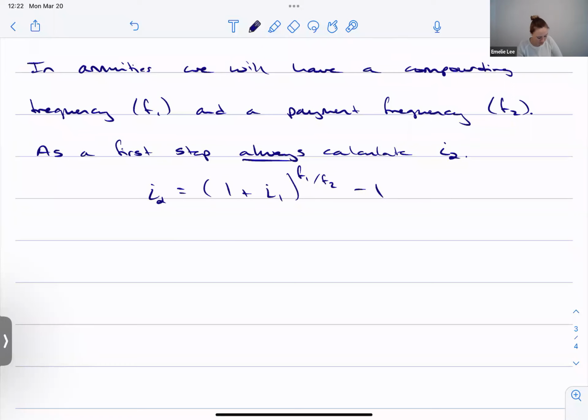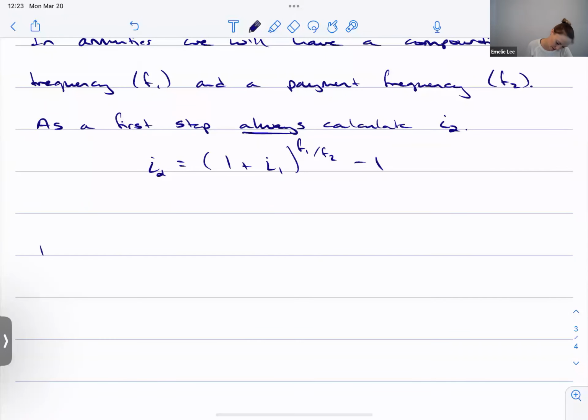Okay. A lot of the time they're going to be the same, okay? But we need to catch it if they're not the same, right? And so that's why I want you to get in the habit of just writing them down immediately. Okay.